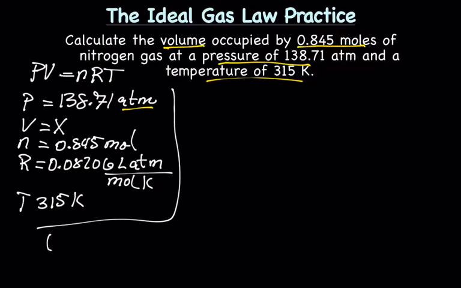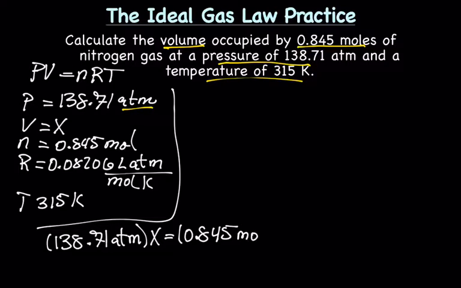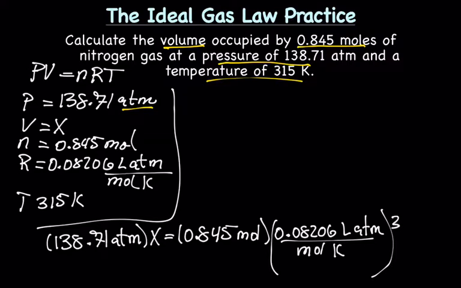So we're going to have P, which is 138.71 atm, V equals n, R, and T. It's really, really important that you write the units, keep track of your units, cross them out, because as the problems get more difficult, it's really easy to get lost unless you're following your units.